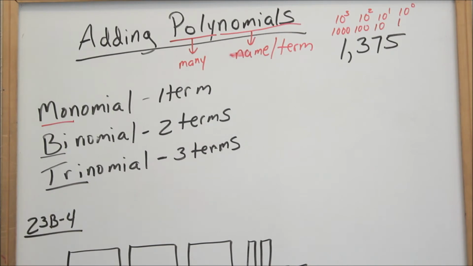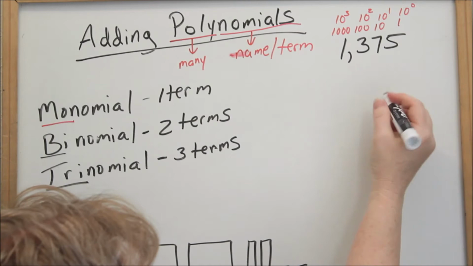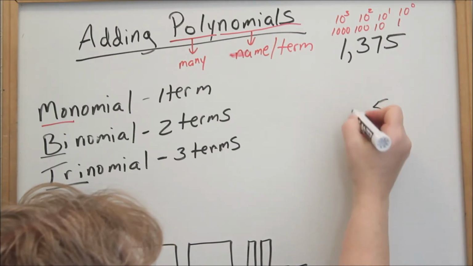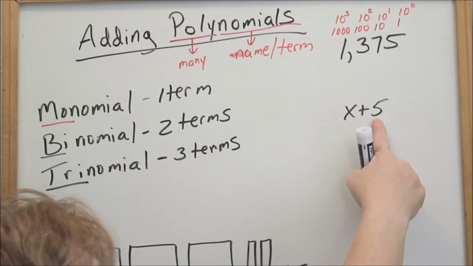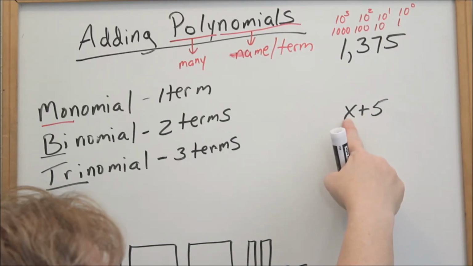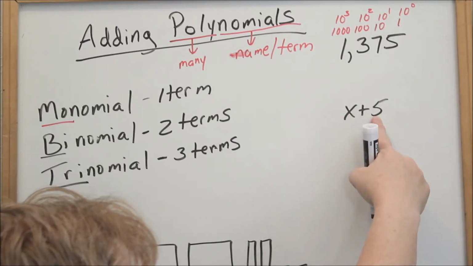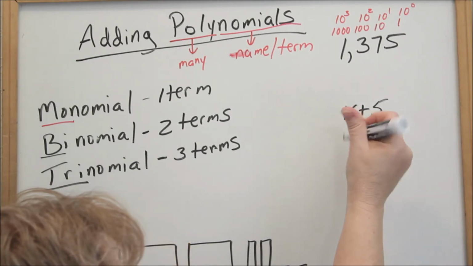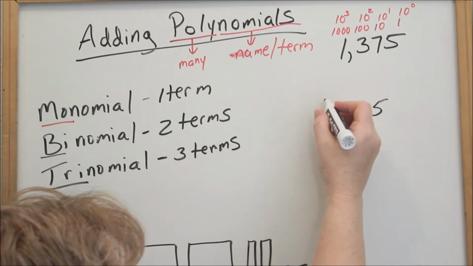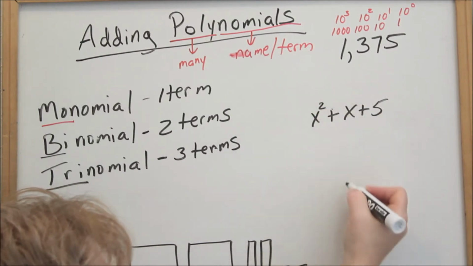The same is true in the algebra world. In the algebra world, we can start out with a number, then we can add an x to it. This is like our ones place value, which is our x to the 0. This is our x to the 1. Then we can go on and say, okay, here we're going to have an x squared term.